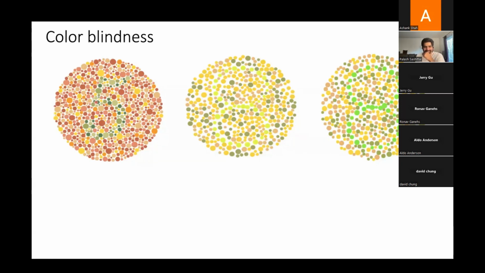So the numbers here are, there's a 5 over here, there's an 8 in the middle one, and there's also an 8 on the right hand side here. And this happens because of a translocation in the X chromosome. And translocation is just when there's a jump in the genome.